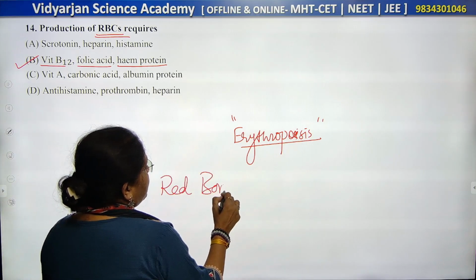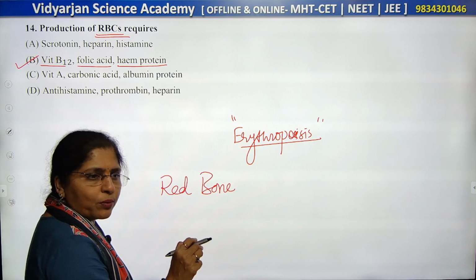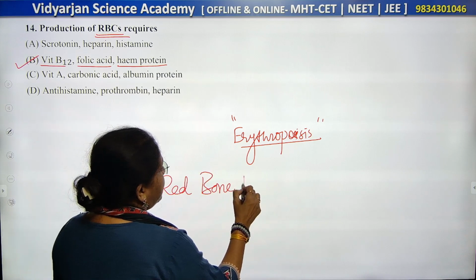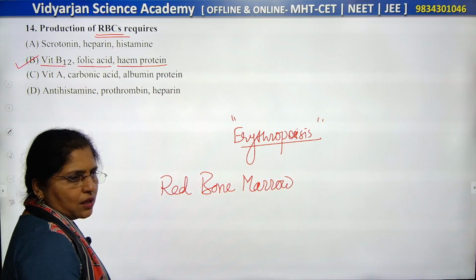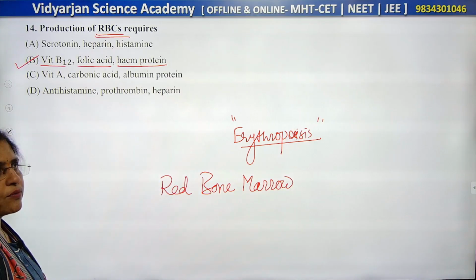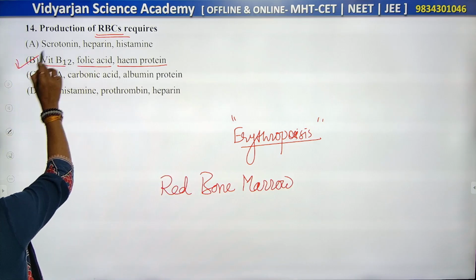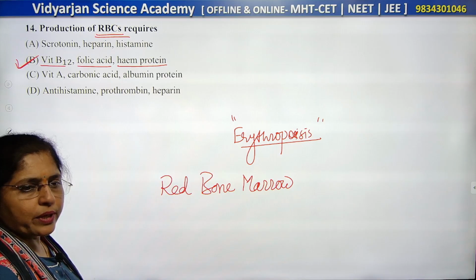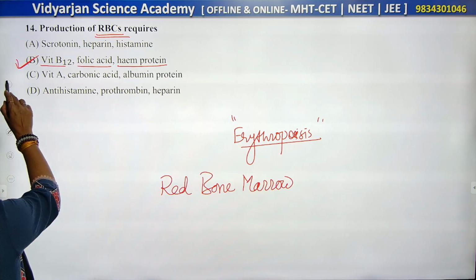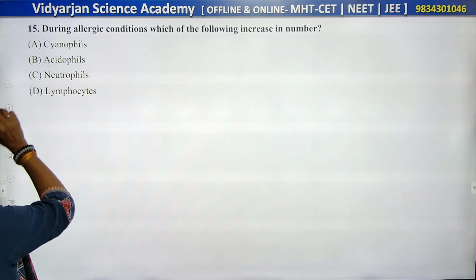It is produced in the bone marrow cavity, that is red bone marrow. Red bone marrow is responsible here for the process of erythropoiesis. So what should be your answer? B is the correct answer. Students, please note down this. B is the correct answer.